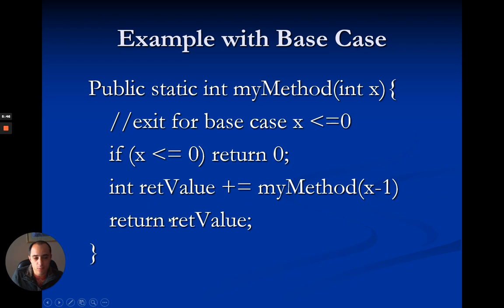But then when this returns, it's going to take the 0 and then add it. And then it's going to add it, and then it's going to add it. And it's going to keep adding and adding and adding to the return value until it finally actually returns. And that is a really dumb example of a recursive algorithm.